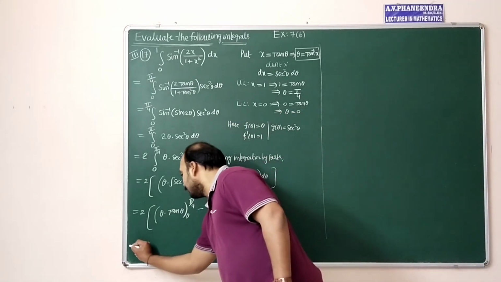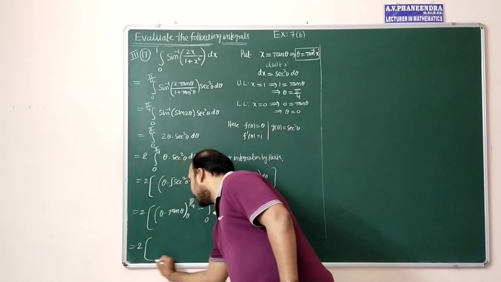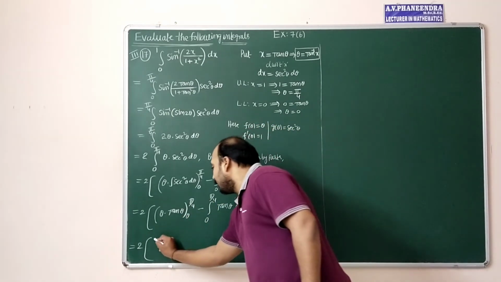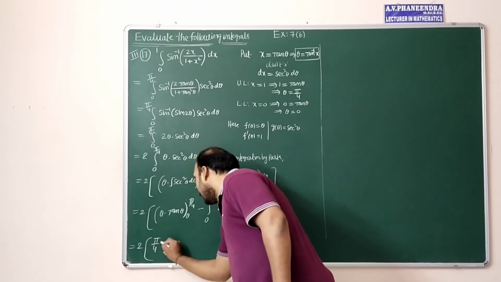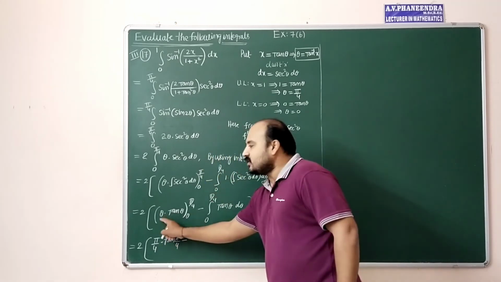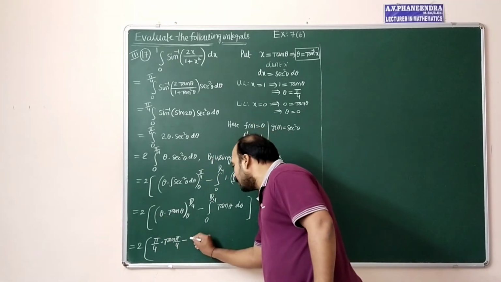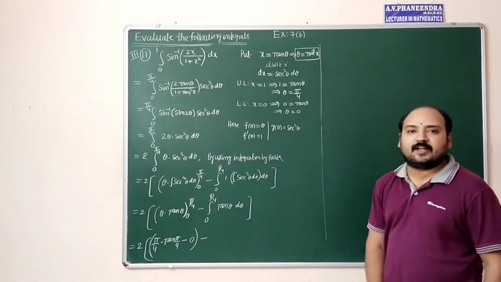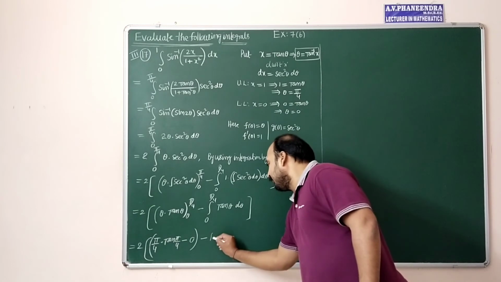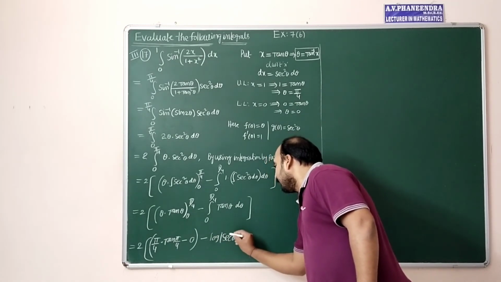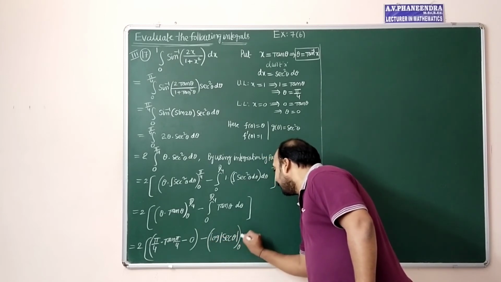which is equal to 2 into bracket start. First, in place of theta, upper limit you have to substitute there. Pi by 4 into tan pi by 4 minus 0 if you substitute in place of theta, 0 and anything is 0, complete value goes to be 0, minus integral tan theta log mod secant theta, applying the limits 0 to pi by 4.